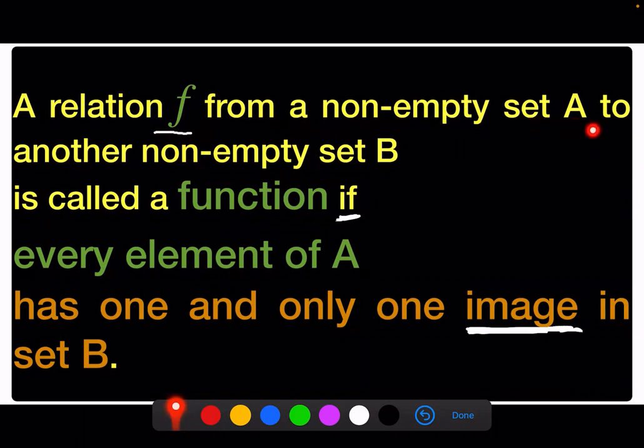A non-empty set A to another non-empty set B is called a function if every element of A. अभी सारे elements source के associate करना पड़ेगा, but आपको कैसा करना पड़ेगा? एक ही एलिमेंट के साथ आप एसोसिएट कर सकते हो. ओके, सो वन एंड ओनली वन इमेज इन सेट बी.